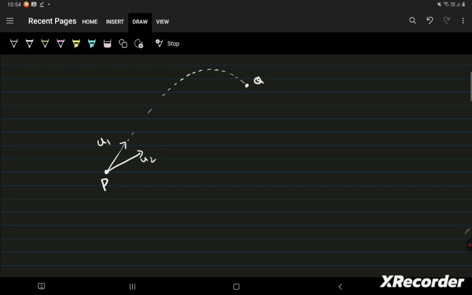In the same time, the second projectile reaches Q dash. One thing is clear: mod u1 is equal to mod u2, and since they were thrown at the same time and the snapshot is taken at the same time, t1 is equal to t2 is equal to t.